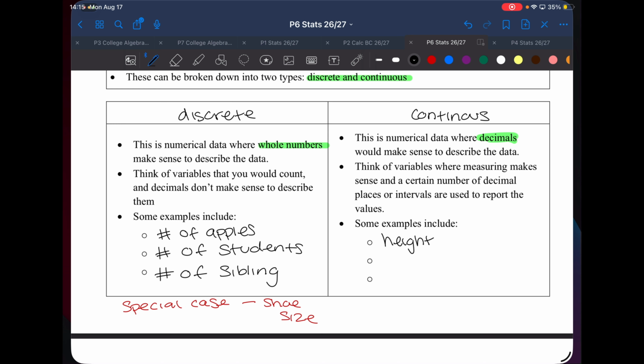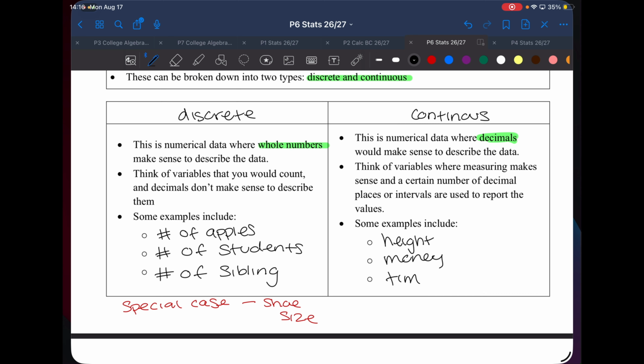Think of things that you don't describe as only whole numbers. Money works. Grade, I mean, typically when you see a grade, it is rounded to a whole number. So that'd be an example of a discrete.